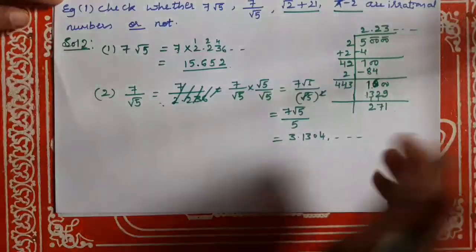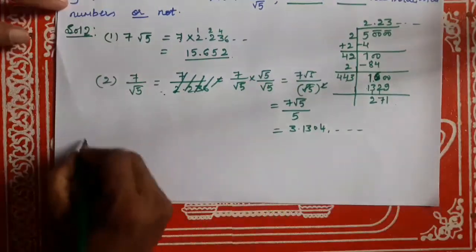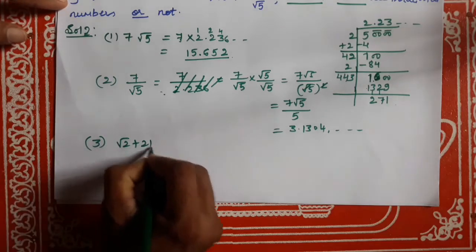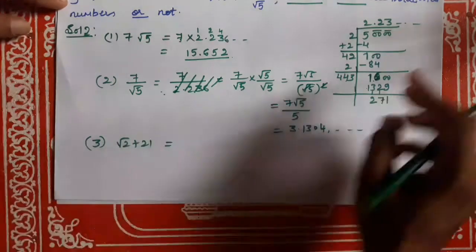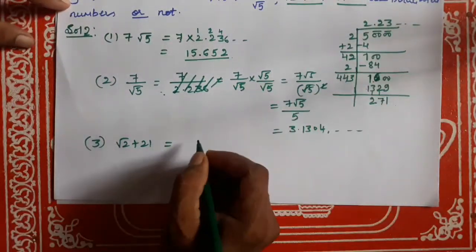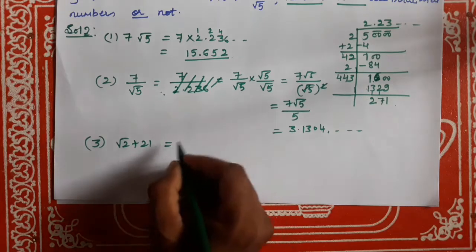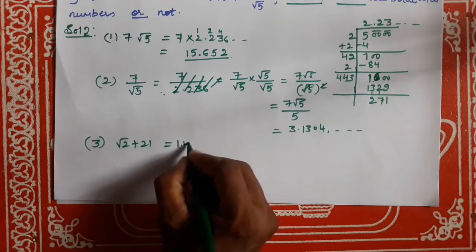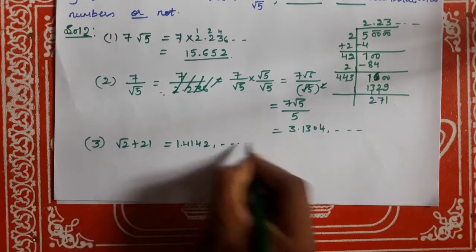Is it the third one, root 2 plus 21? See, for root 2 also we have to take the square root like this. Therefore, the value of root 2 is 1.4142 and so on.